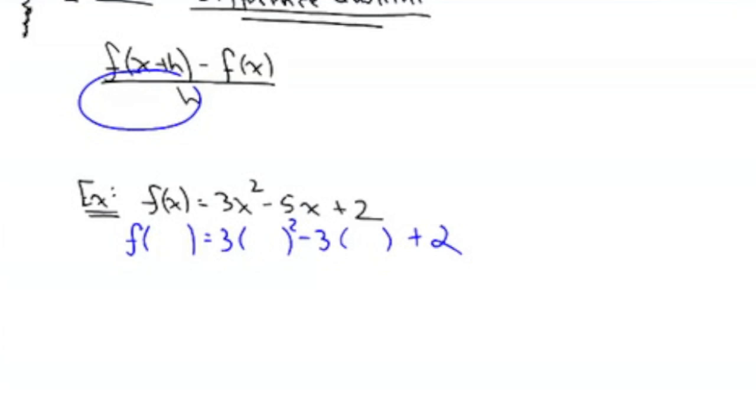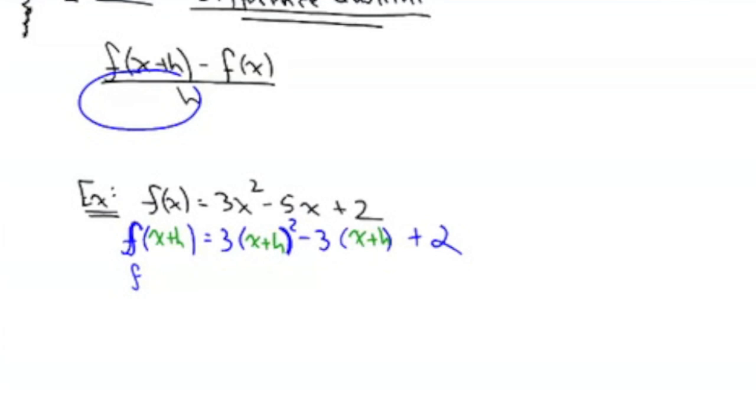So you take your function, skeleton form it, and then plug into each one of those parentheses x plus h. So f of x plus h is equal to 3 times x plus h all squared minus 3 times x plus h plus 2. And then you have to take this ugly expression and expand it. So let's check out your polynomial tricks.